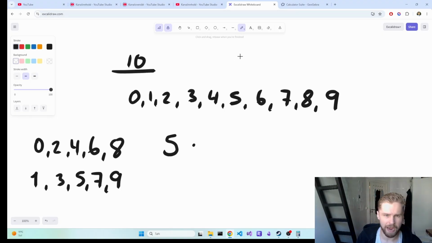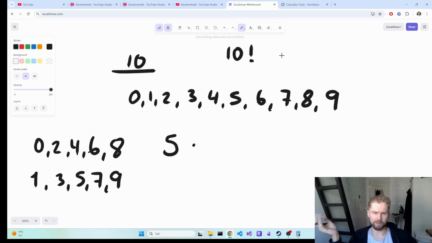So no matter how you view it, it's going to be 10 factorial. Right? Oh shit. Can I even split up? Wait, 5 factorial is what? 120. And then I got another 5 factorial over here. You know? This is a brain teaser.